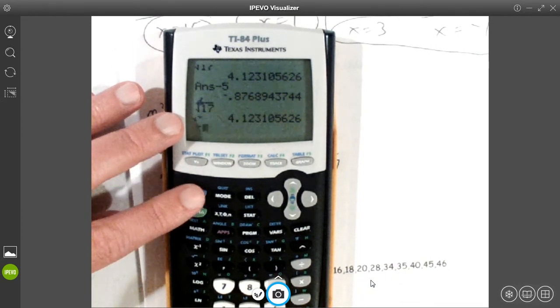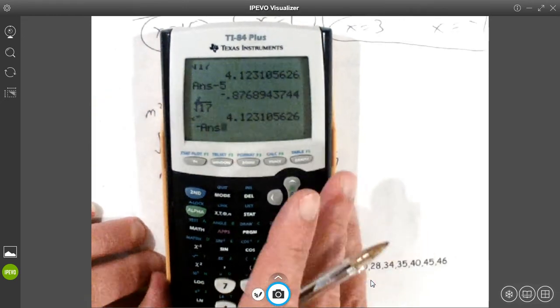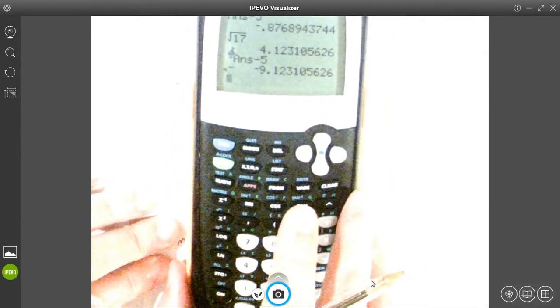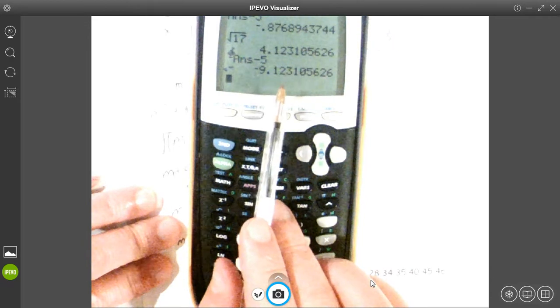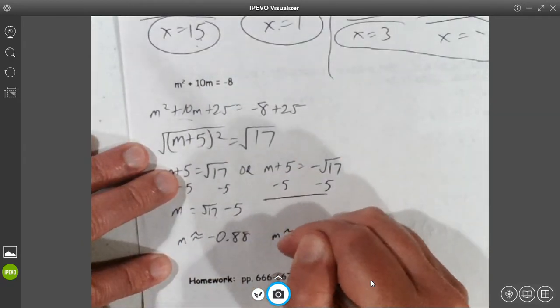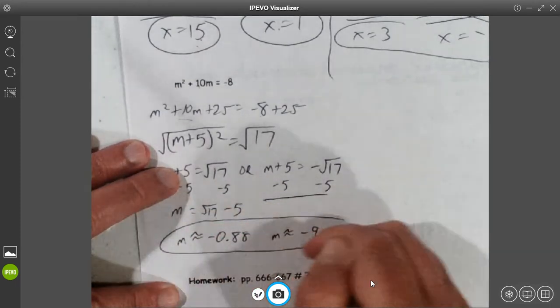I need to hit negative and then take my last answer and put a negative sign in front of it. And now I want to take away 5 from that. And I get negative 9.12. So m could also be approximately negative 9.12. So again, two different solutions.